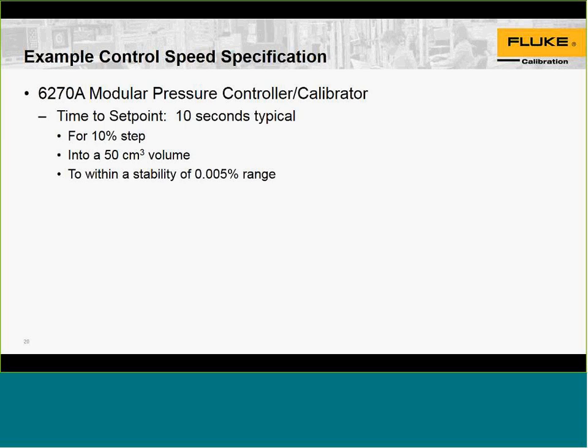If you go 0 to 100%, it could take maybe more than 10 seconds. Increasing the volume to 500 cubic centimeters could also increase the time to set point. Rate of flow restrictions will also affect this.